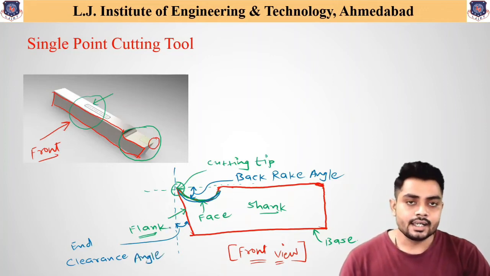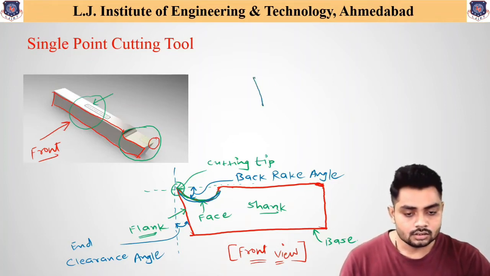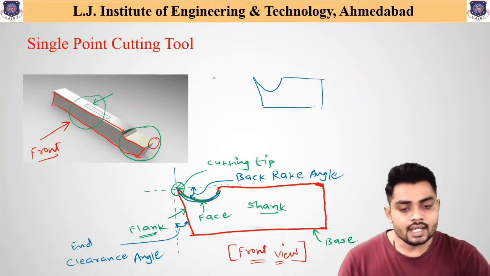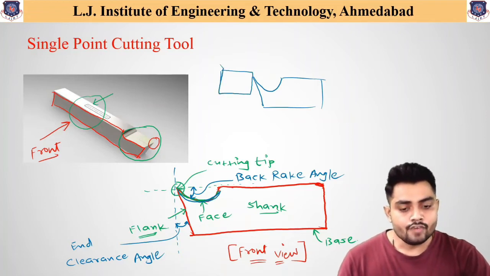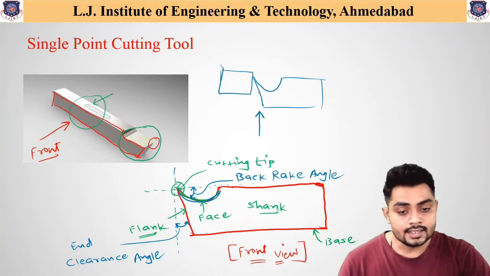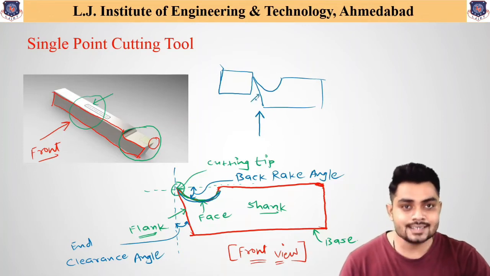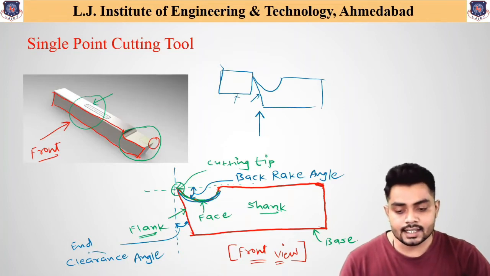Because now if the workpiece is available over here, at that time when we move this tool from bottom to upward direction, it starts removing material from the workpiece. So this particular angle provides the clearance from the workpiece, and that's why it is called the clearance angle.